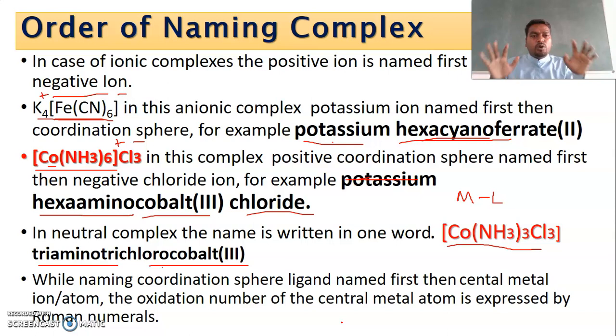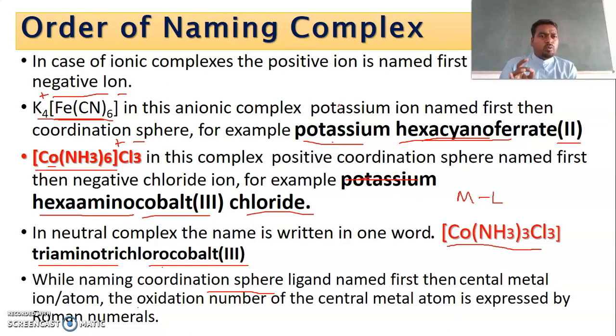The coordination complex includes the counter ion, but the sphere includes only ligands and the central metal ion. While naming the coordination sphere, write the ligand name first and then the central metal atom, and at the end we indicate the oxidation number within brackets. This is the rule we have to follow while naming coordination complexes.